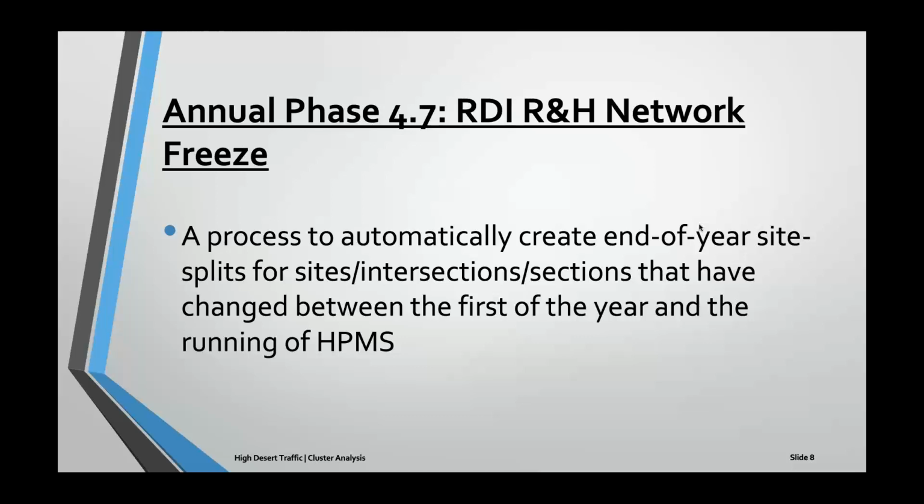So if someone came over here and changed the functional class in April, you don't want that changed functional class representing your HPMS submittal. You press this button, and it'll create a site split with the old functional class for the prior year, and then the new functional class will be used in the upcoming year. I hope I'm making sense. This probably is only applicable for roads and highways people, but did that make any sense whatsoever?